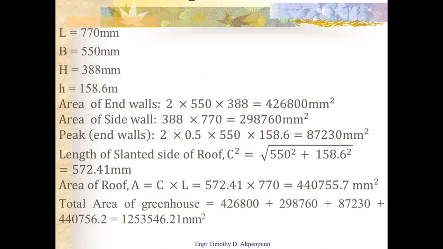I'm going to multiply the length of the slanted side of the roof with the length, which is 770 mm.